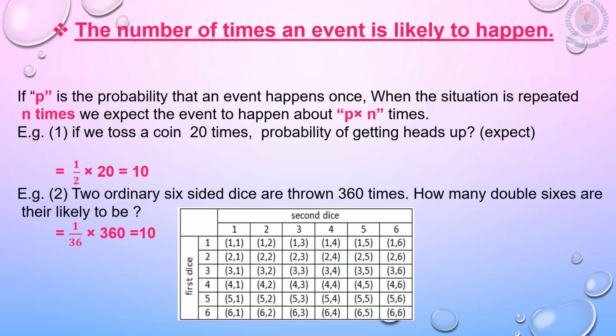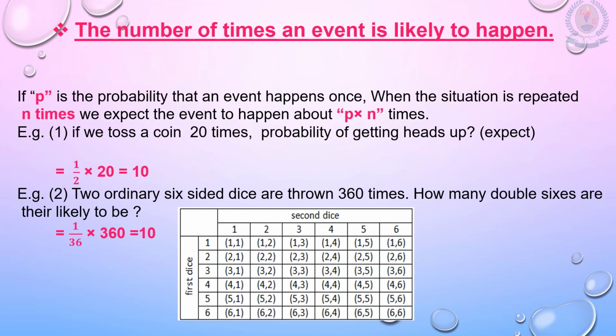Example 2. 2 ordinary 6-sided dice are thrown 360 times. How many double 6 are likely to be? So here you can see 2 ordinary 6-sided dice are thrown simultaneously. Dice are thrown 360 times. How many double 6 are there likely to be?